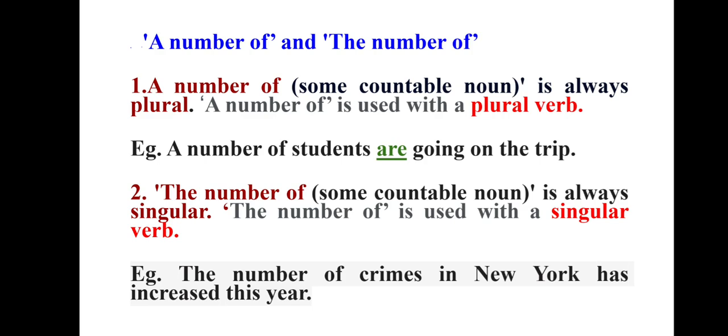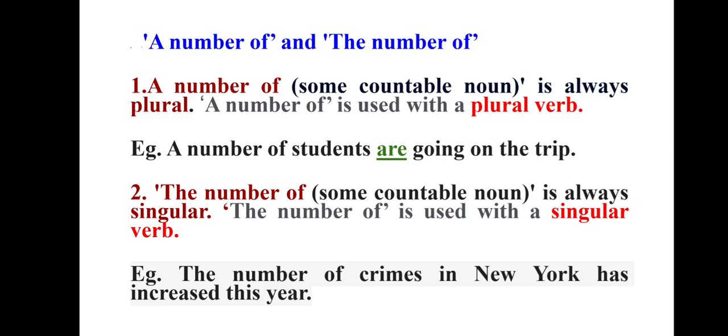How? Let us see. A number of some countable noun. When you say a number of, this phrase means something countable, and it is always plural. Please take care. A number of. However, a is singular, but a number of means something countable, and that is why for a countable noun, a plural verb will be followed.